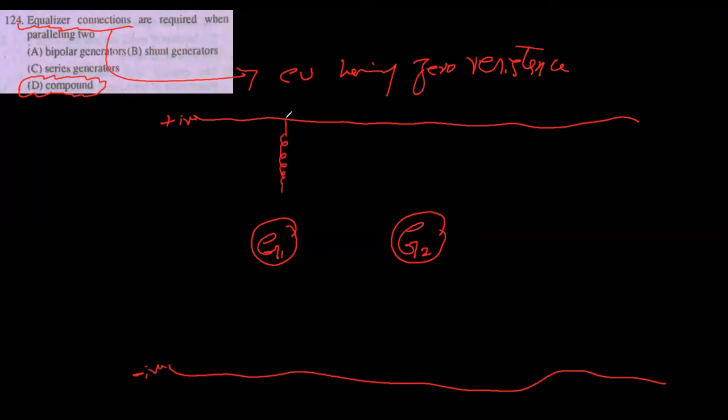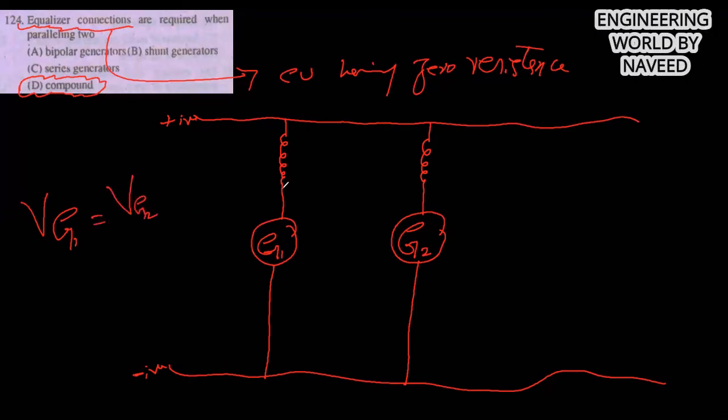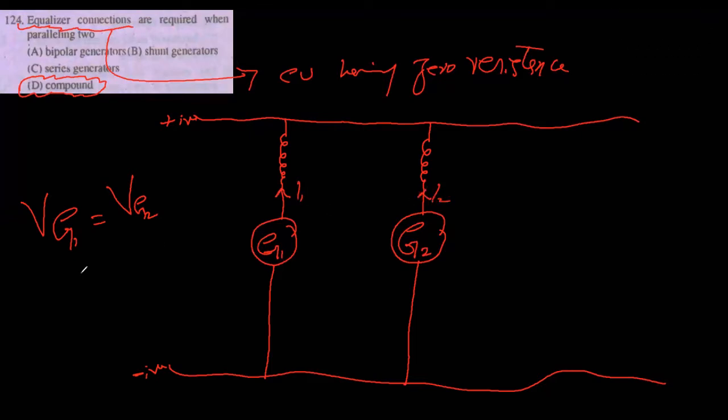So this is my inductor of G2. If the voltage of G1 is equal to the voltage of G2, then your I1 current will be equal to I2.